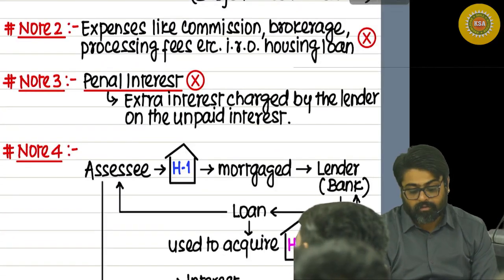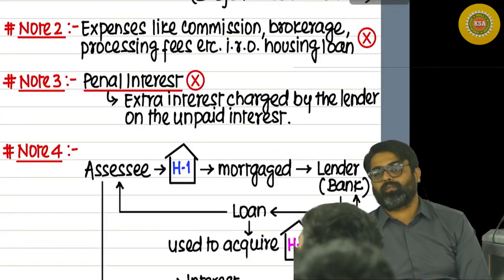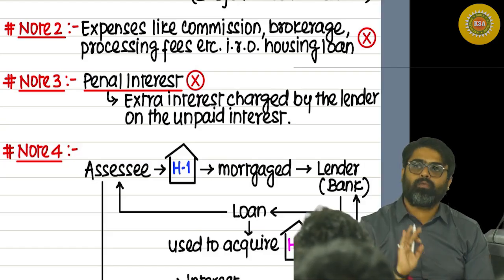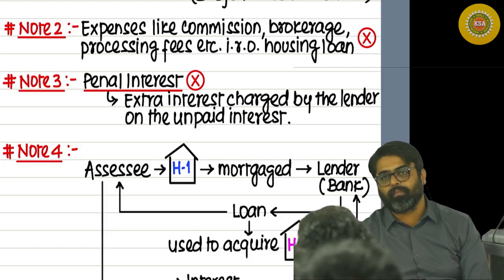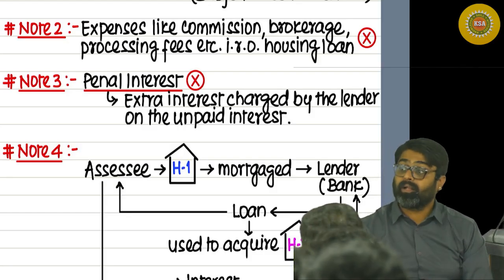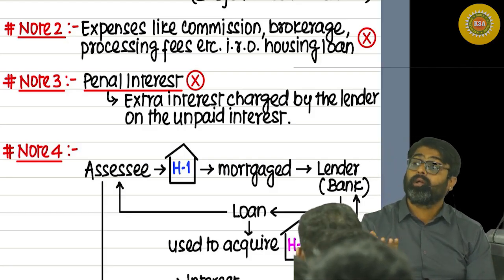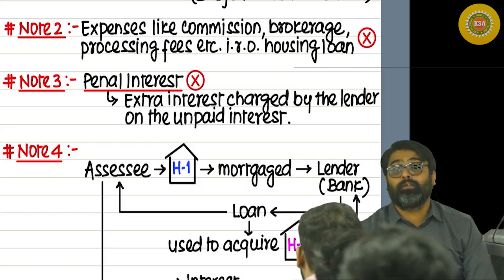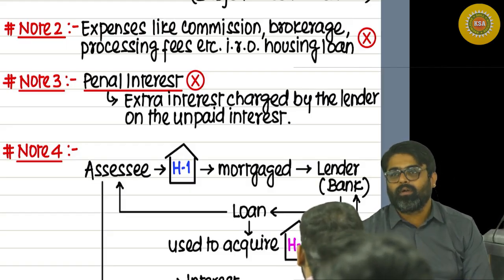Sometimes you delay in the payment of interest to the lender. So the lender has given you money, so lender wants you to pay the interest on time. But sometimes you delay in making the payment of interest. So that lender will charge interest on interest for the delay which you commit. Yes or no?